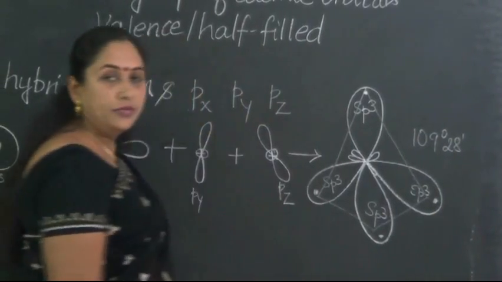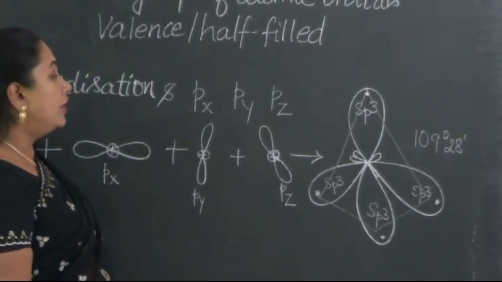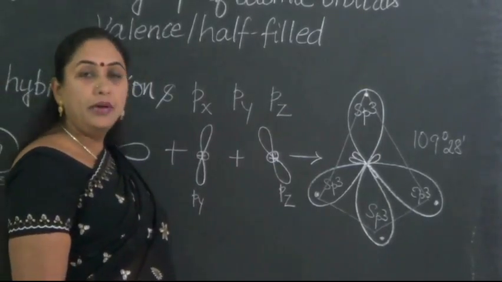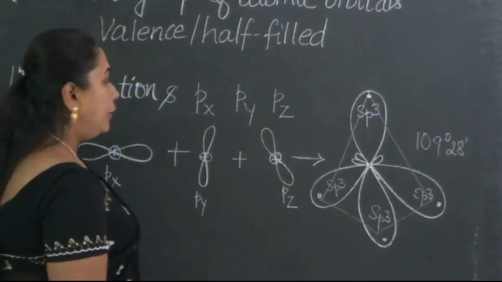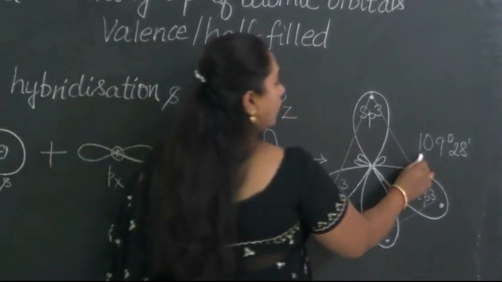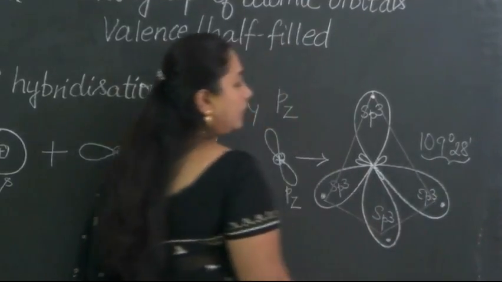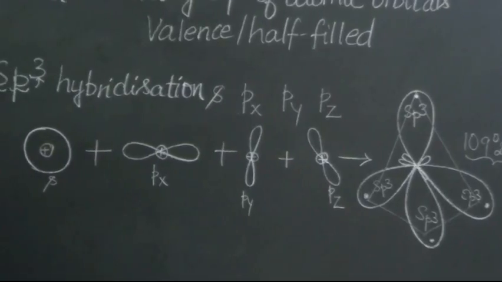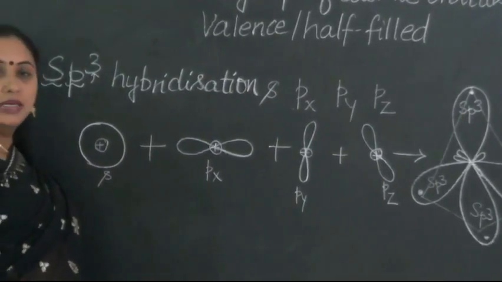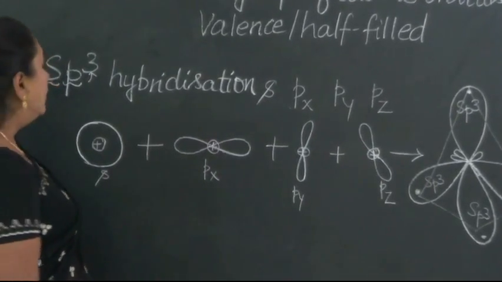This is standard. Whenever an atom undergoes sp3 hybridization, in normal cases, they will possess a bond angle of 109 degree 28 minutes. Now, let us take up the example for the sp3 hybridization.